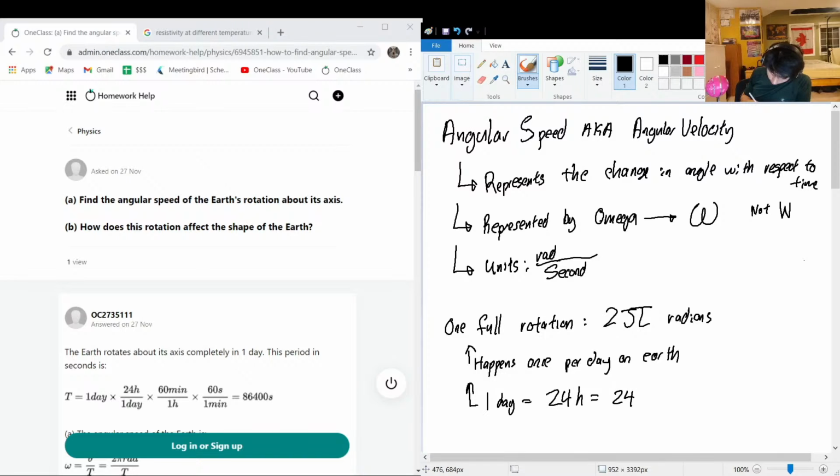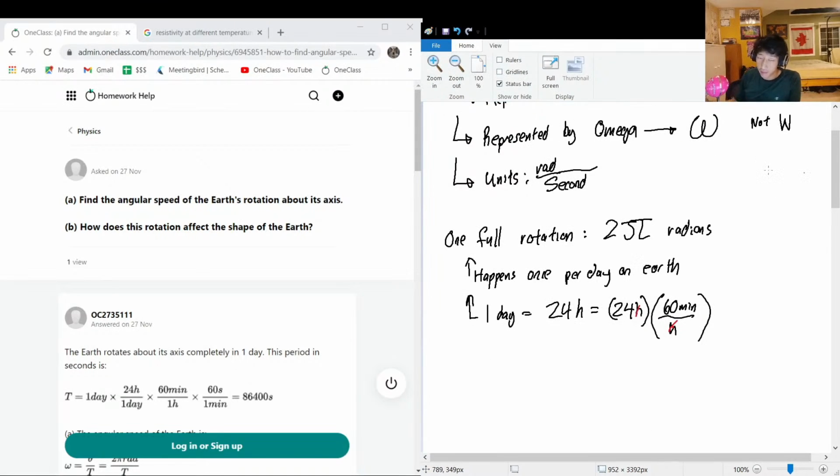24 hours multiplied by 60 minutes per hour, and that will neutralize the hours. It's just a quick unit cancellation analysis. And then how many seconds are in a minute?